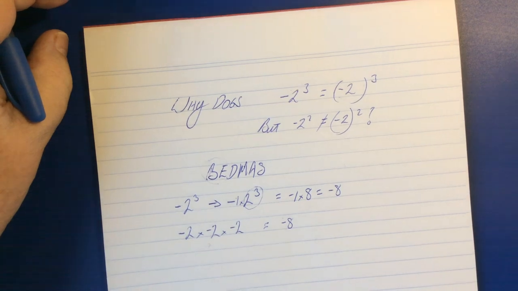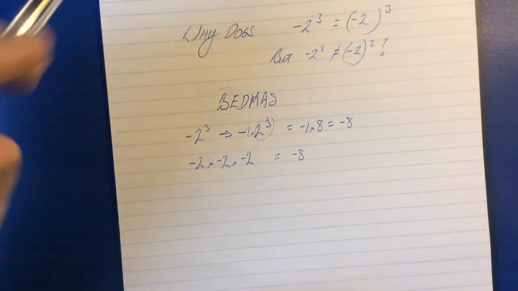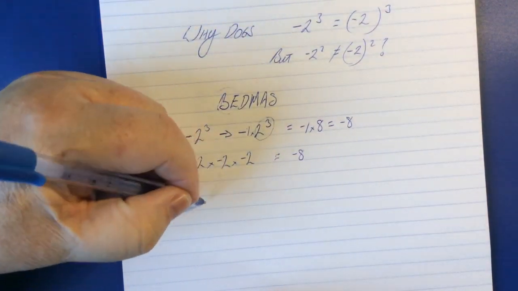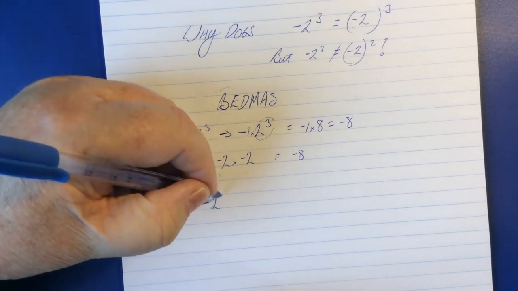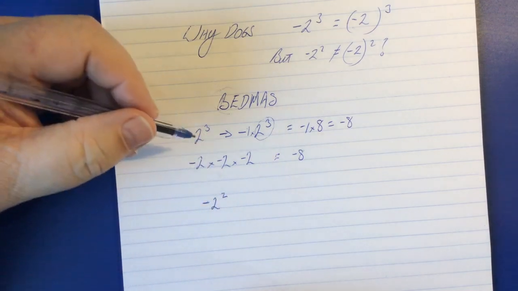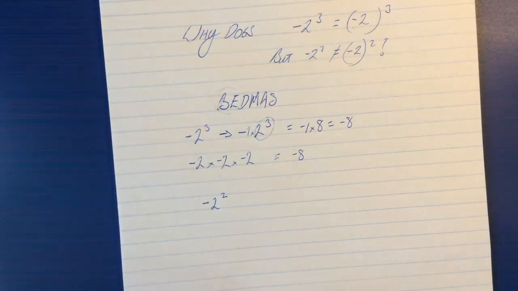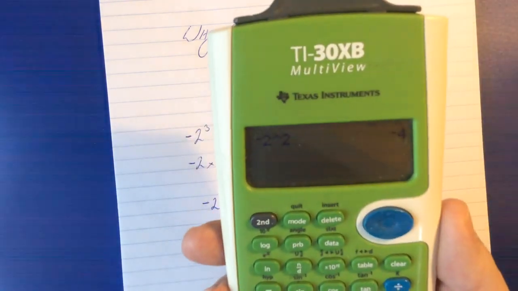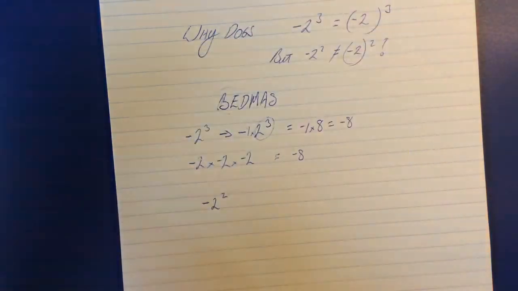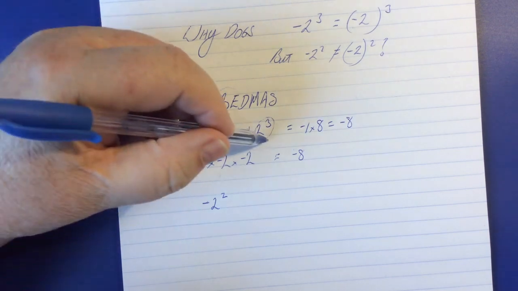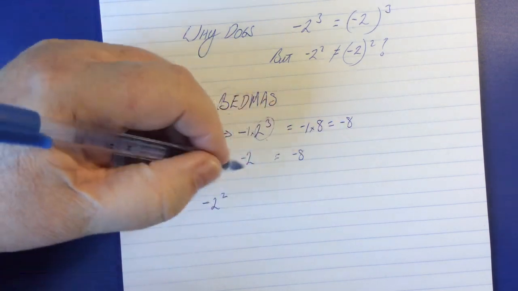Okay, so let's have a look at the second part of this. So negative 2 to the power of 2. Okay, so what did we get? What did we get for our trouble? Let's look at that again. We got -4. And we got -4 for the same reason that we got -8 up here.